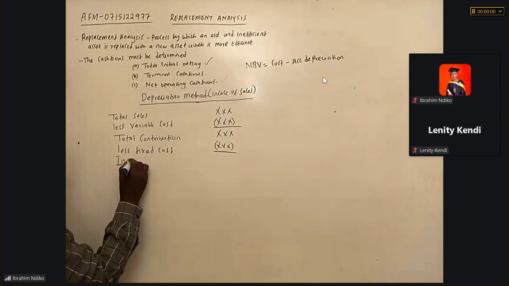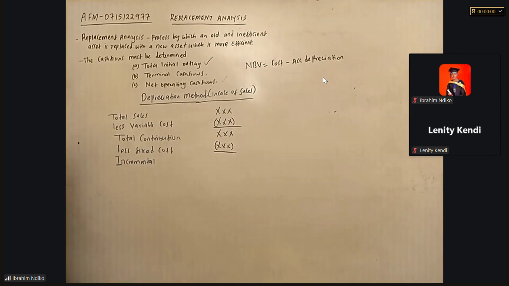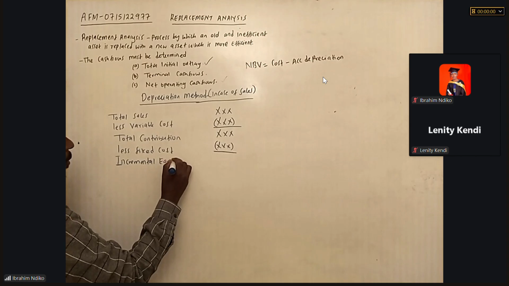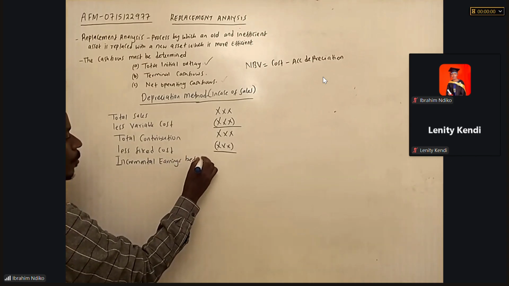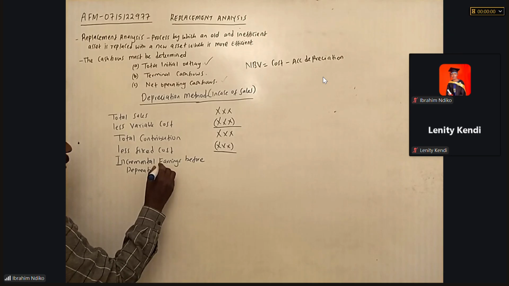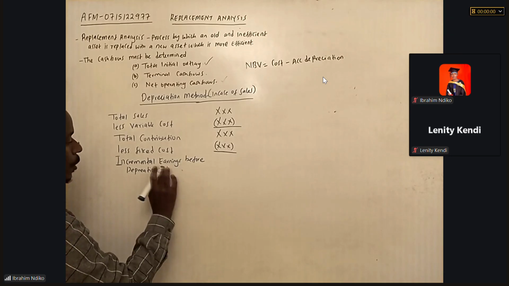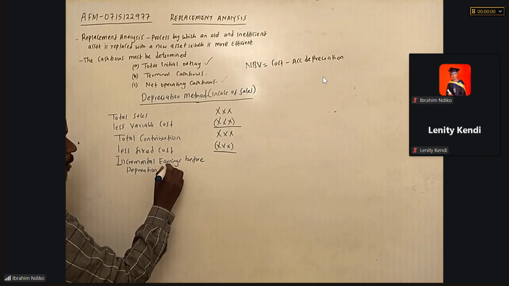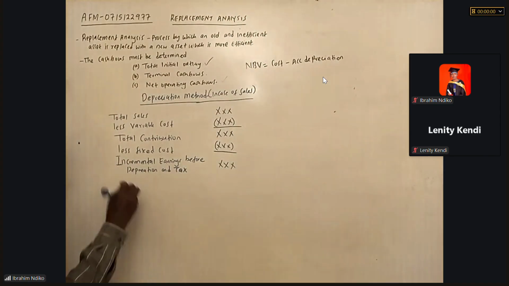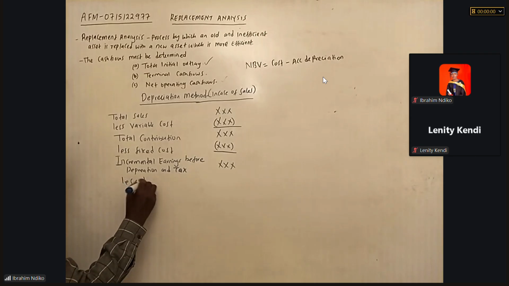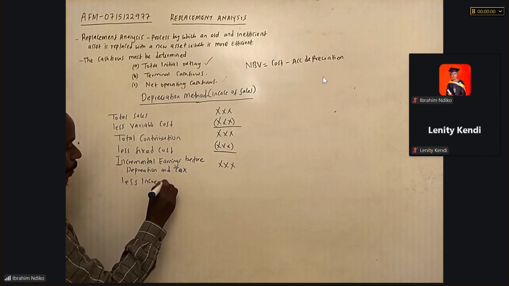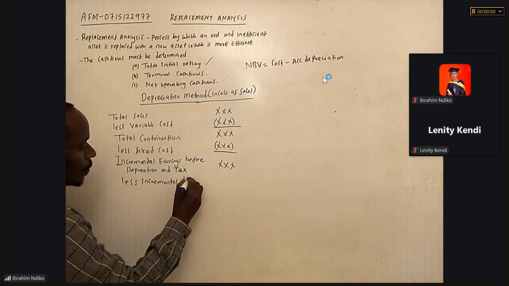So this one I'm assuming is replacement: incremental earnings before depreciation, interest and tax. Let us not include interest and tax. Then we less depreciation, and remember, if it is replacement, it is incremental depreciation.